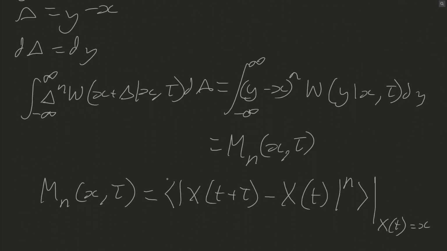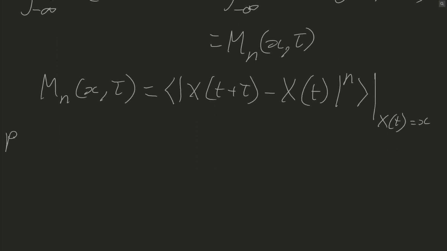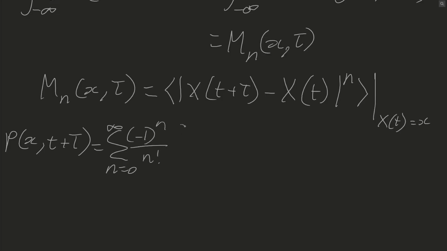Back into our expression from before, and say that p of x, t plus tau is equal to the sum from n equals 0 to infinity of minus 1 to the n over n factorial, nth partial of, we can do the square bracket, I don't mind, M sub n of x, tau, p of x, t.